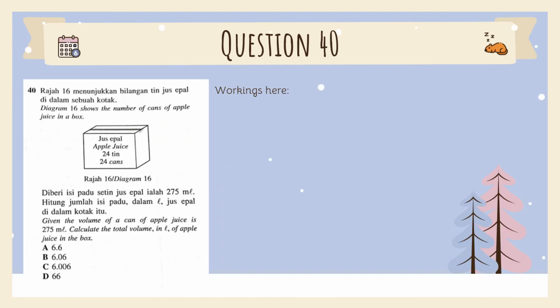Okay, question 40. Diagram 16 shows the number of cans of apple juice in a box. So 24 cans of apple juice. Given the volume of a can of apple juice is 275 milliliter, calculate the total volume in liter of apple juice in the box.